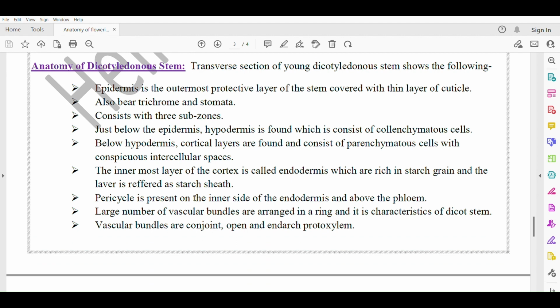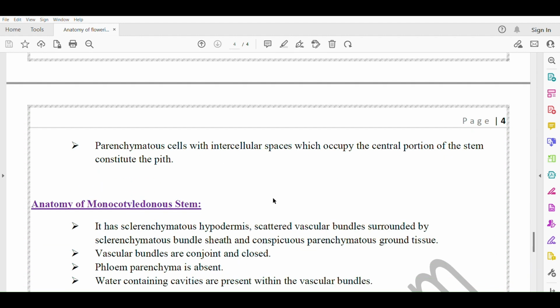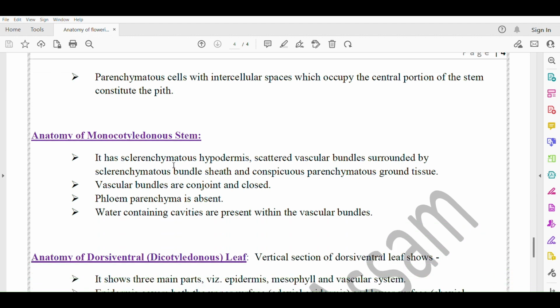Pericycle is present on the inner side of the endodermis and above the phloem. A large number of vascular bundles are arranged in a ring, which is characteristic of dicot stem. Vascular bundles are conjoint, open and with endarch protoxylem. Parenchymatous cells with intercellular spaces which occupy the central portion of the stem constitute the pith.